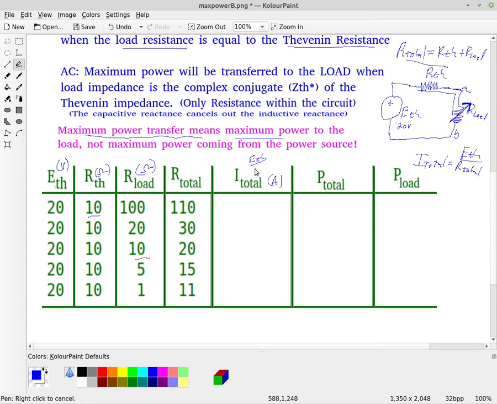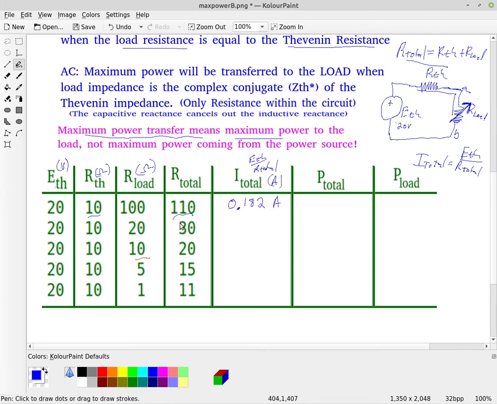If we calculate that for these various resistances, in the first case our total resistance is 110 ohms, which gives a total of about 182 milliamps, or 0.182 amperes.